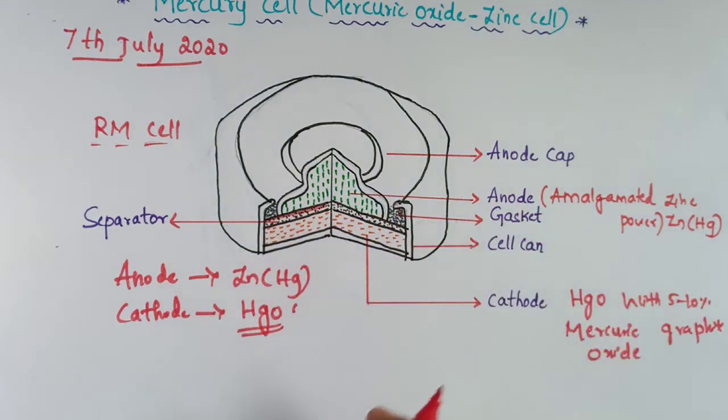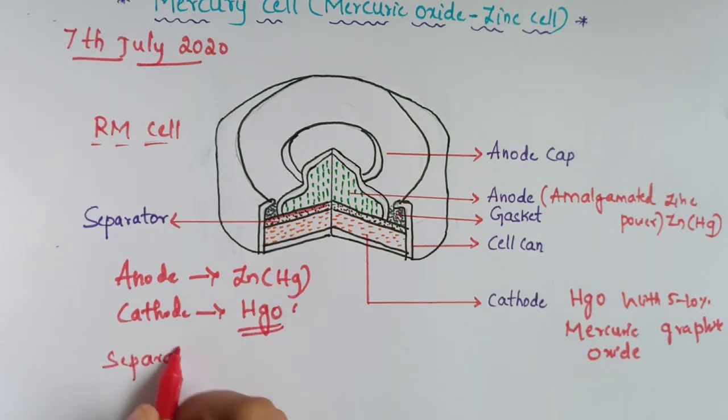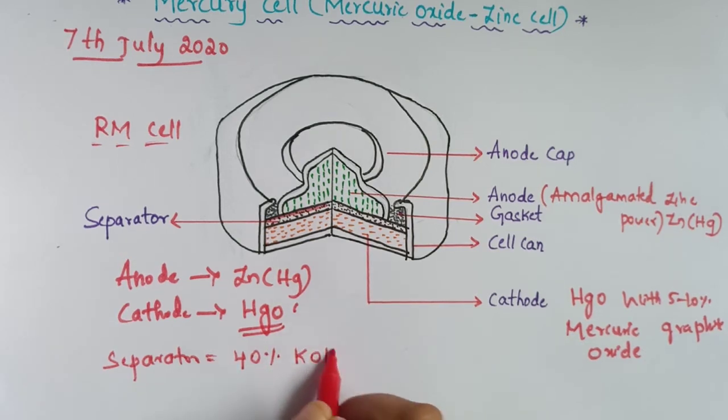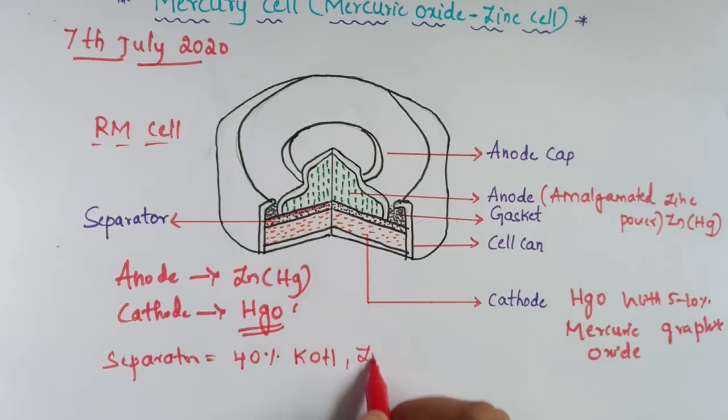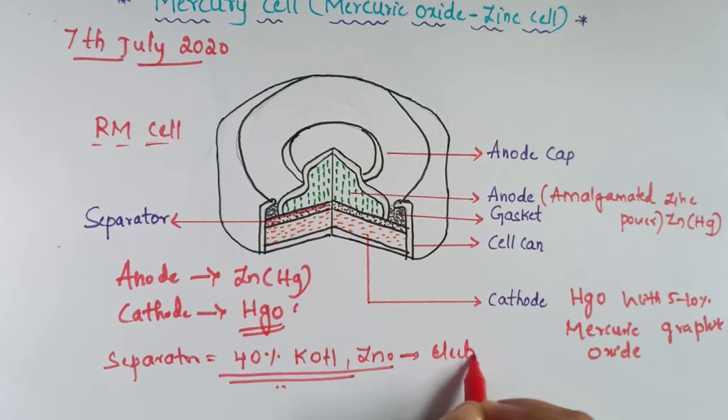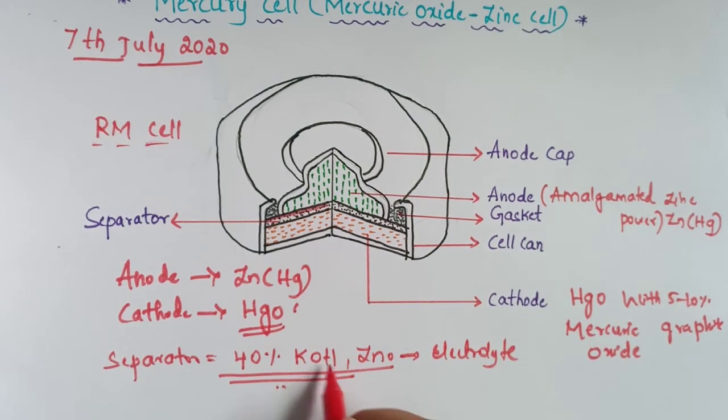This separator consists of 40% potassium hydroxide solution and also saturated zinc oxide, that is ZnO. These two will act as the electrolyte. The electrolyte is KOH and ZnO.